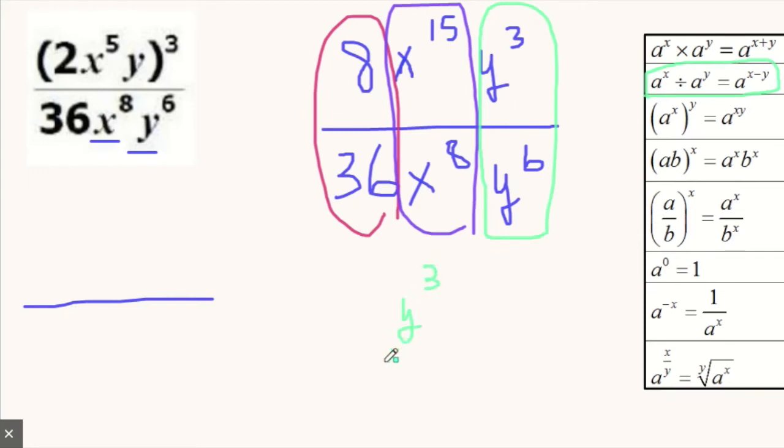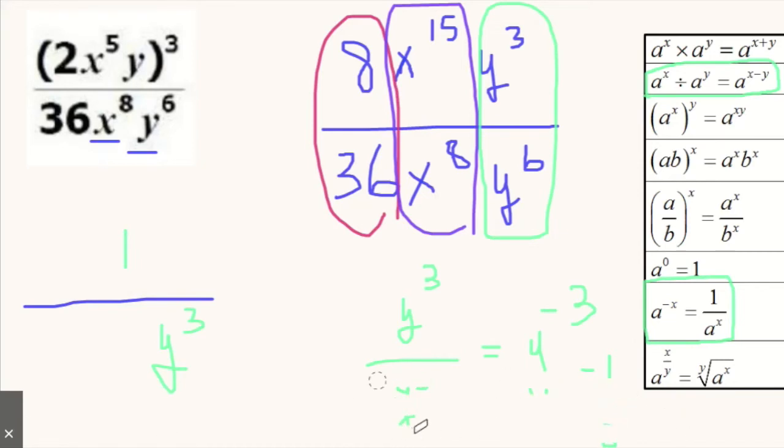Y cubed divided by y to the 6th power is going to be, we keep the base the same and do 3 minus 6, which is negative 3. And then we can use this rule to get rid of this negative in front of 3. That's just going to equal 1 over y cubed. And then we can put this in our answer. On top there's a 1, and in the bottom there is y cubed.